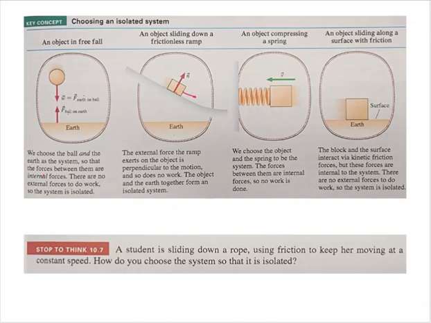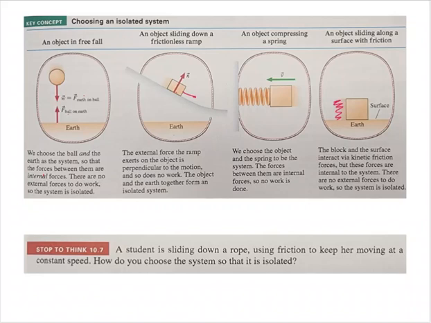An object compressing a spring. Here we choose the object and the spring to be the system. The forces between them are internal forces, so no work is done. Okay? And then here we have the object sliding along a surface with friction. The block and the surface interact with kinetic friction forces. The object is sliding, you can see the little motion situation happening over here.